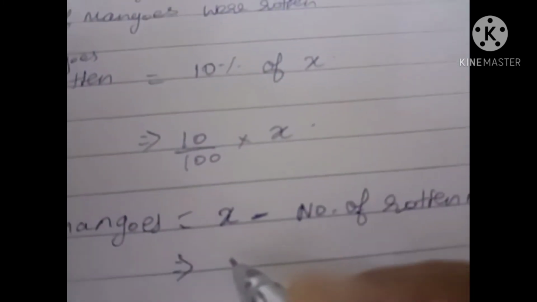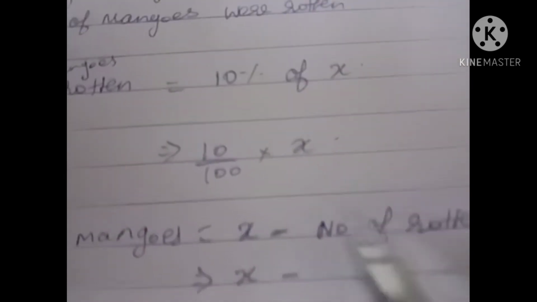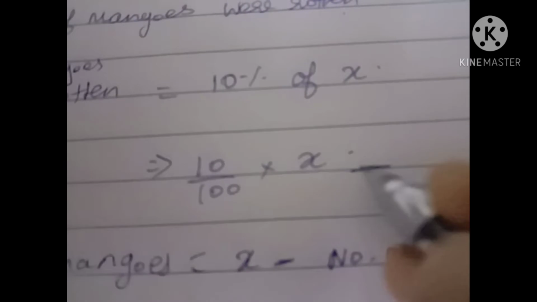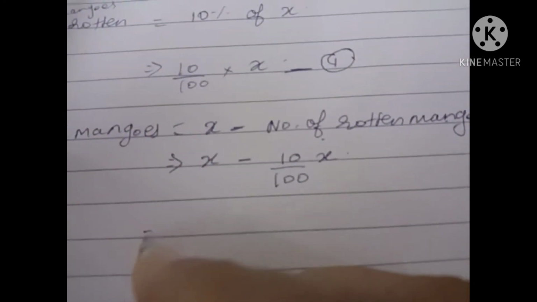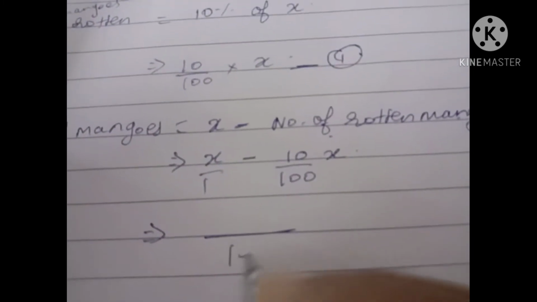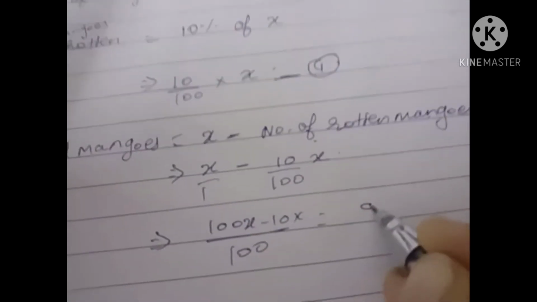The number of mangoes bought initially is X only, and the number of rotten mangoes is 10 by 100 into X. So if you take the LCM, 100X minus 10X is equal to 90X by 100. So the number of good mangoes is equal to 90X by 100.